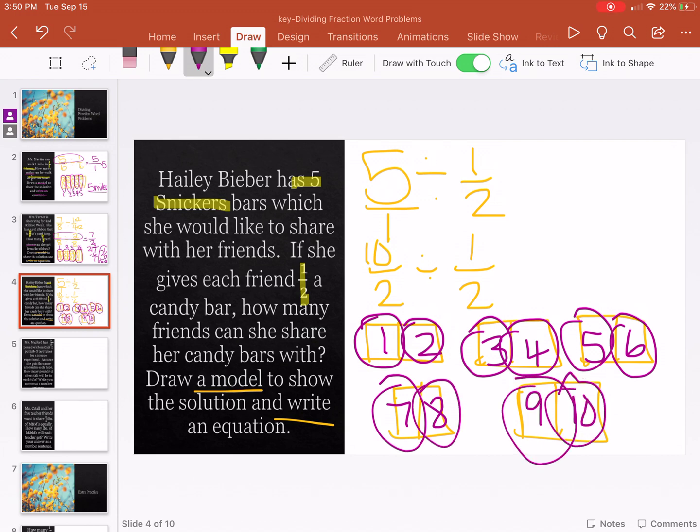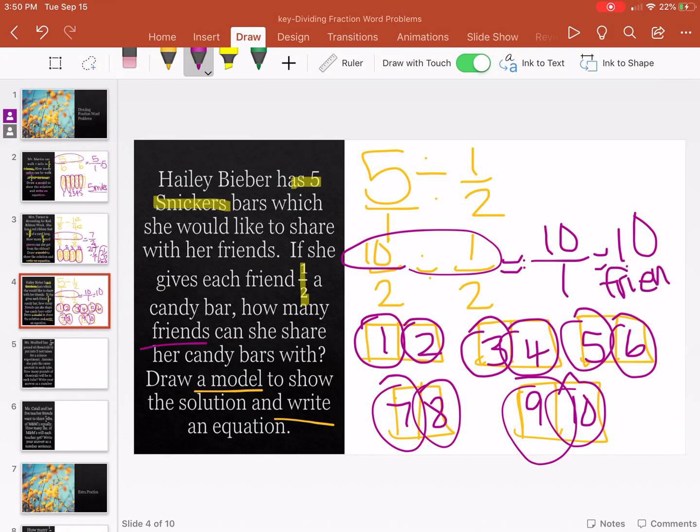So we have 10 groups. 10/1 is just 10. The question was, how many friends? 10 friends. Okay, make sure you have both ways drawn on your iPad, drawn on your picture.